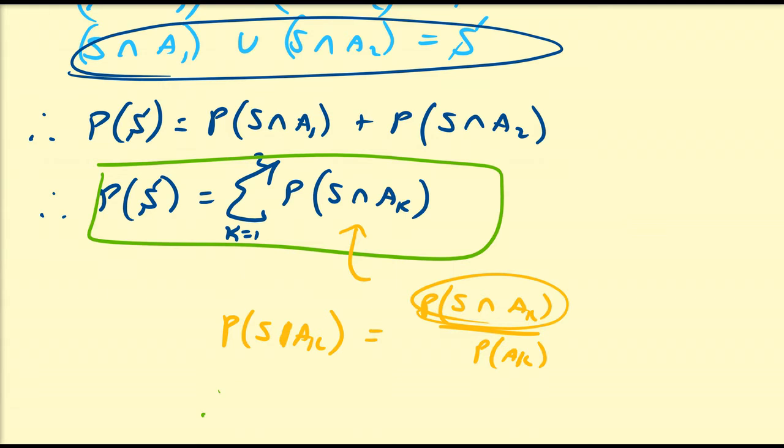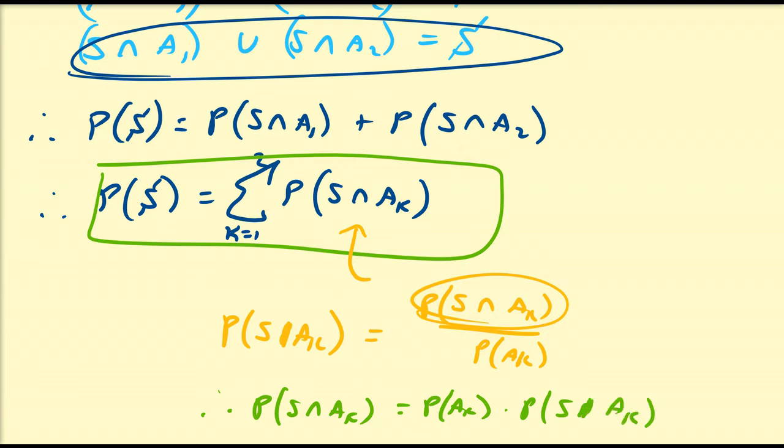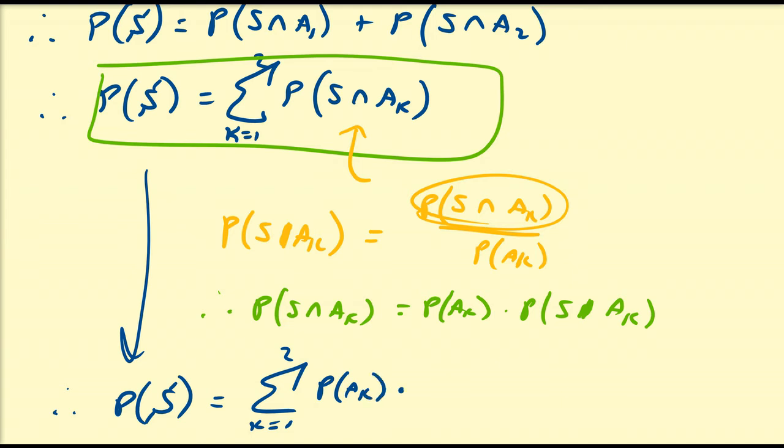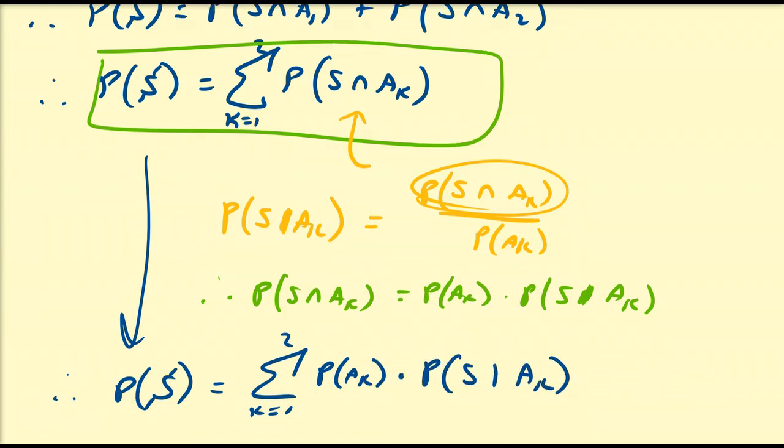I get that the probability of S intersection AK is precisely equal to the probability of AK times the probability of S, assuming that AK has already occurred. Therefore, I'm going to extend this definition down. The probability of S is equal to the sum from k equals 1 to 2 of the probability of AK times the probability of S, assuming that AK has already occurred.